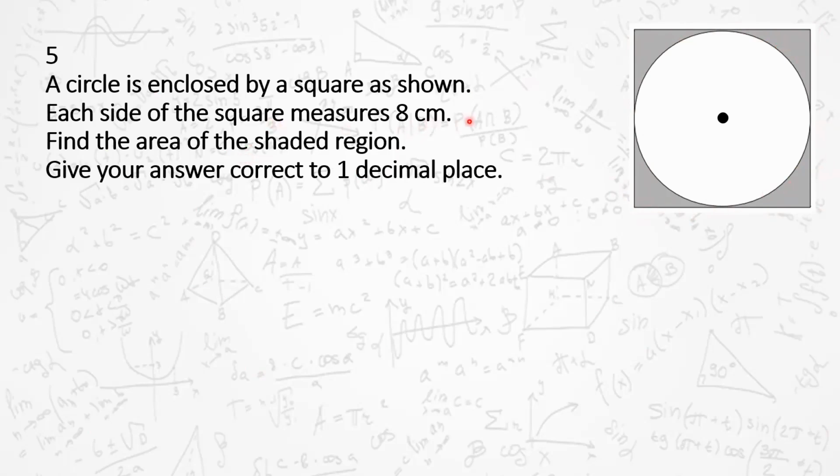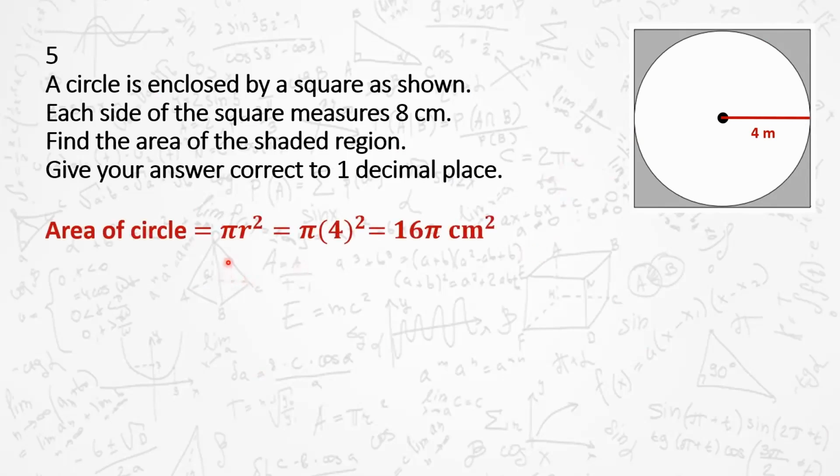If the side of the square measures 8, the side of the square is equivalent to the diameter of the circle within. Therefore, we can work out the radius of the circle as 8 divided by 2, which is 4. Next, we can work out the area of the circle using pi r squared equals pi times 4 squared equals 16 pi centimeters squared.